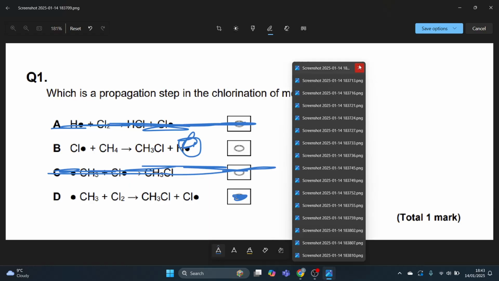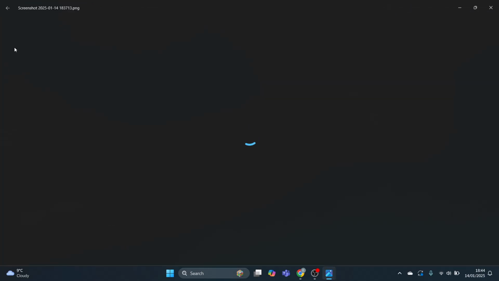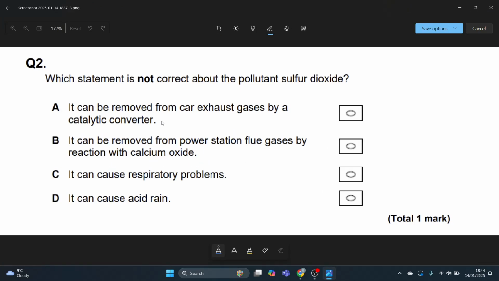These questions like this actually aren't too bad. Which one's a propagation step? Which statement is not correct about the pollutant sulfur dioxide? It can be removed from car exhaust gases by catalytic converter. It can be removed from power station flue gases by reaction with calcium oxide.